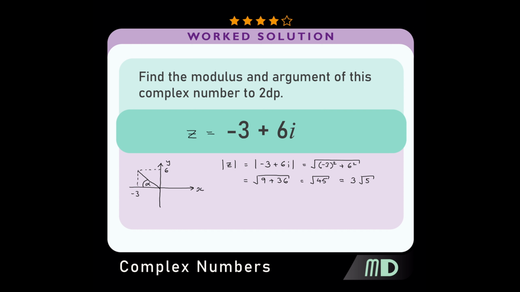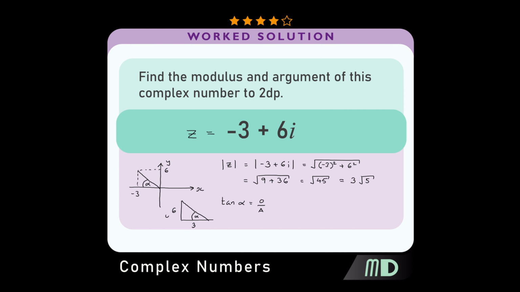To calculate alpha, we're going to draw a right-angle triangle with an angle alpha and two sides marked 3 and 6. The trigonometric ratio we need to apply is the tangent ratio, and the tangent of alpha is equal to the opposite side divided by the adjacent side.